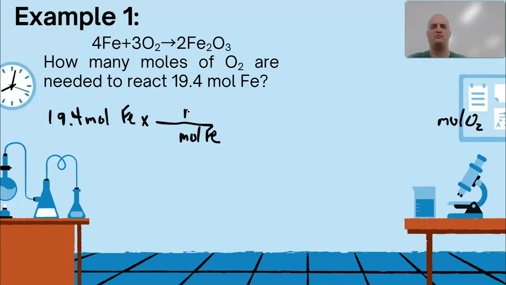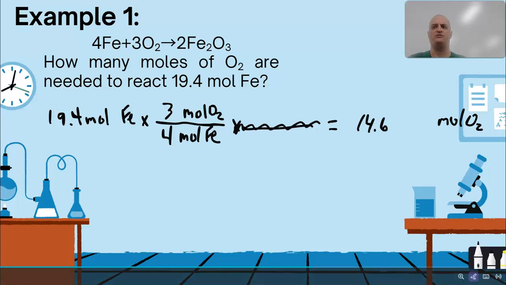So that means we can put moles of oxygen up top. That is our new concept. When you have moles of one thing, you can relate it to moles of a different thing. From our coefficients, we put in 4 from iron, 3 from oxygen. Multiplying that out, I'm at 14.6 moles.